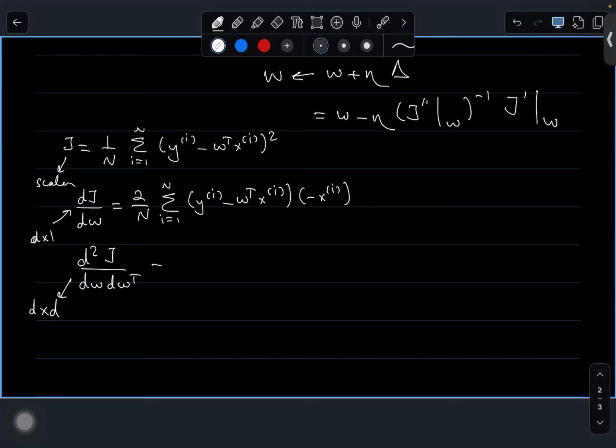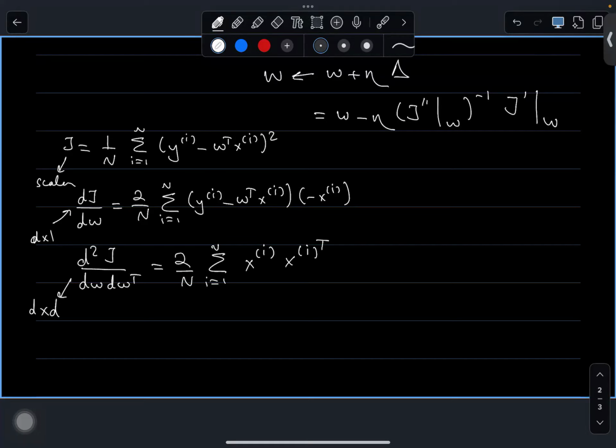So what is this? We're going to find the derivative of this equation here with respect to W again. So that's going to be 2 over n, the sum, i equal to 1 to n. And the only term that has W in it is the second term here. So W goes away, xi, and I'm going to put a transpose here.